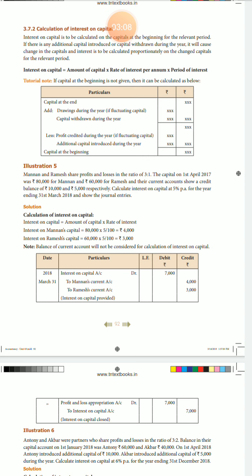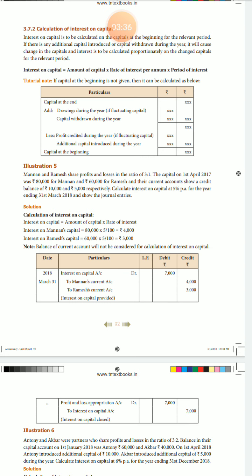Interest on capital is debited. How much? Totally, interest on capital is 7,000. To Mannan's current account 4,000 rupees, to Ramesh's current account 3,000. The total is 7,000 interest on capital.